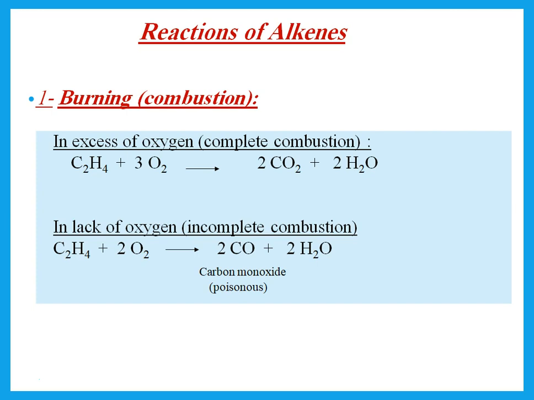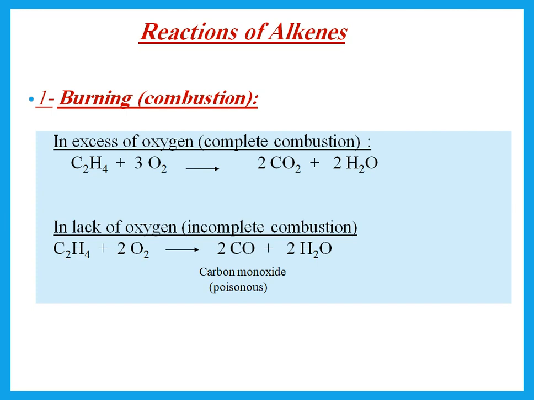Okay? If we talk about alkenes, again, alkenes will do combustion just like alkanes. We said in the presence of excess oxygen, it gives carbon dioxide plus water. In lack of oxygen, it does incomplete combustion and I get carbon monoxide plus water.